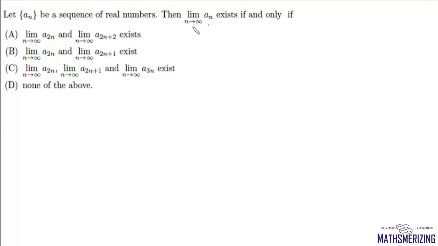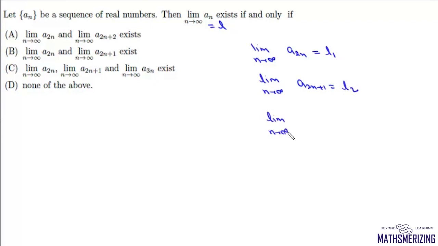Now suppose we assume that the sequence an is a converging sequence and it converges to this limit L. Now we consider these three limits: say limit as n tends to infinity of a2n, suppose this value is L1, limit as n tends to infinity of a2n plus 1, this is L2, and limit as n tends to infinity of a3n, and this is suppose L3.